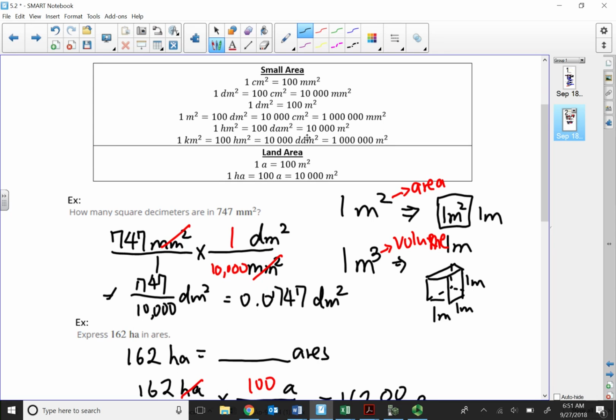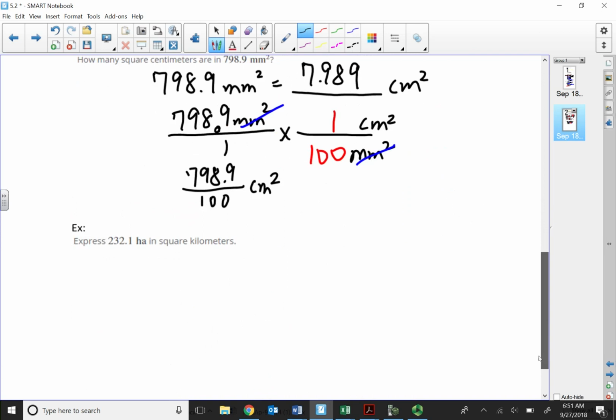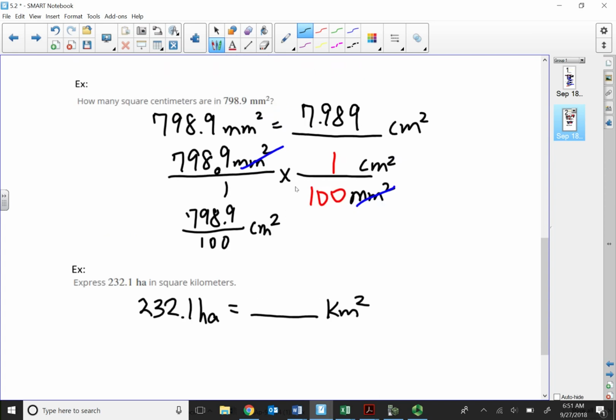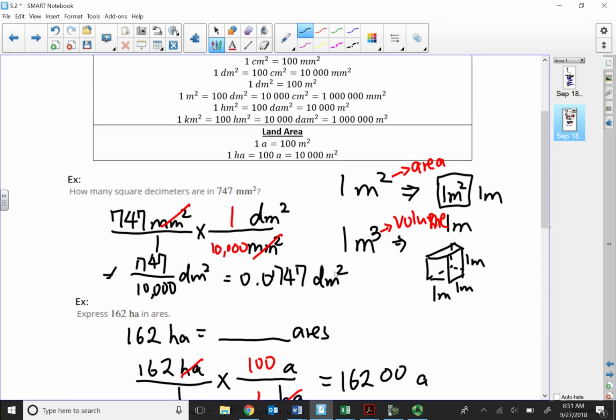You see, I don't have anything here. 232.1 hectare is equal to so many square kilometer. Okay. I do not see anything involving hectare to square kilometer.